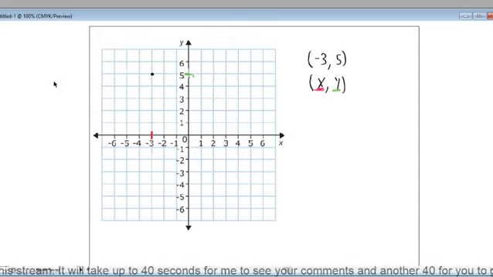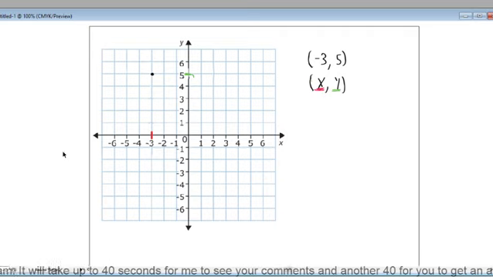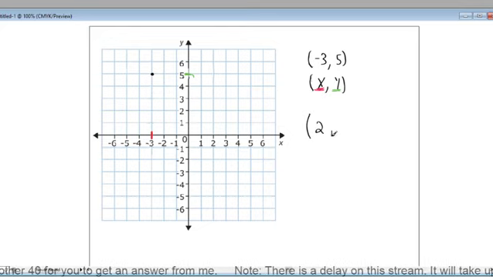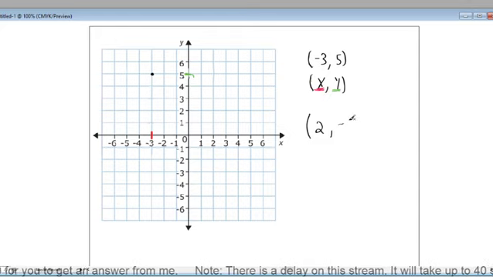So let's try a few more of these things. Let's try x is 2, y is -3.